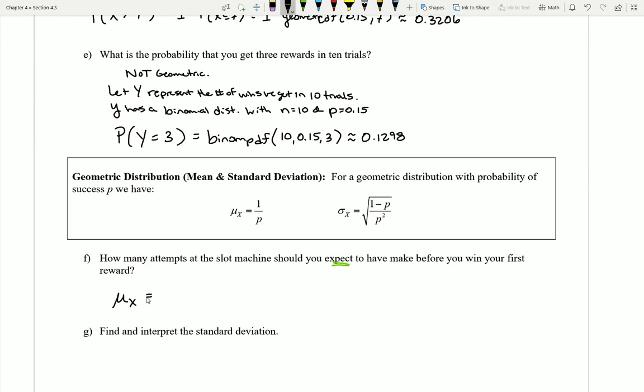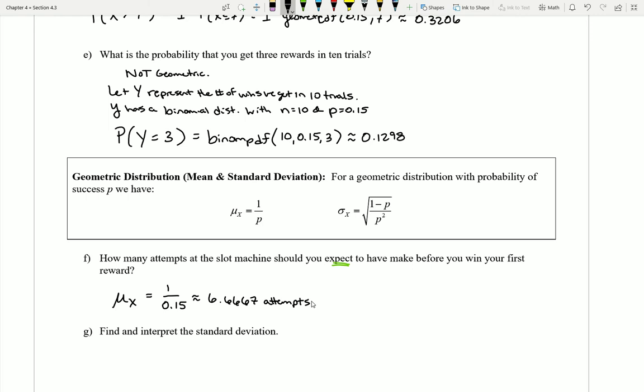So this is easily calculated as just 1 over p, which in this case is just 1 over 0.15. Now if I calculate that in my calculator, you should be able to come up with a final answer of 6.6667, and that would be attempts or plays or pushes of the button, pulls of the lever, however you imagine that slot machine.